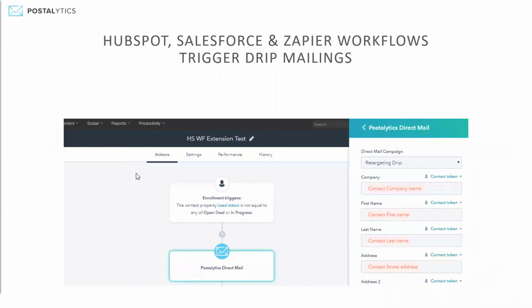And so you're able to combine channels, use email and direct mail together to reach your audiences at every stage of the funnel, from acquisition through retention and loyalty. And all that can be done just by setting up campaigns that run 24/7 in the background while you're sleeping, while you're working. These campaigns are working for you.